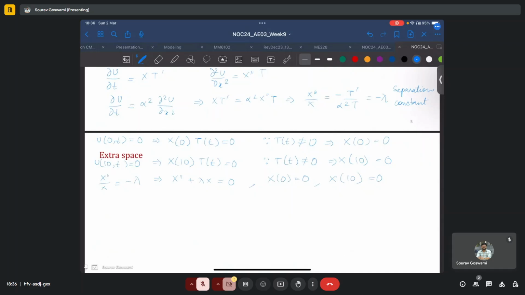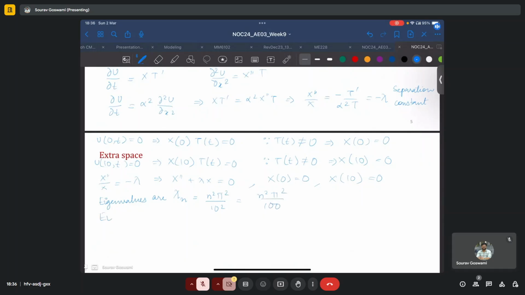And for an equation of this form, X double prime plus lambda X equal to 0 with the conditions X at 0 is 0 and X at 10 is 0, we know that the eigenvalues are lambda n equals n squared pi squared by 10 squared, which is equal to n squared pi squared by 100.